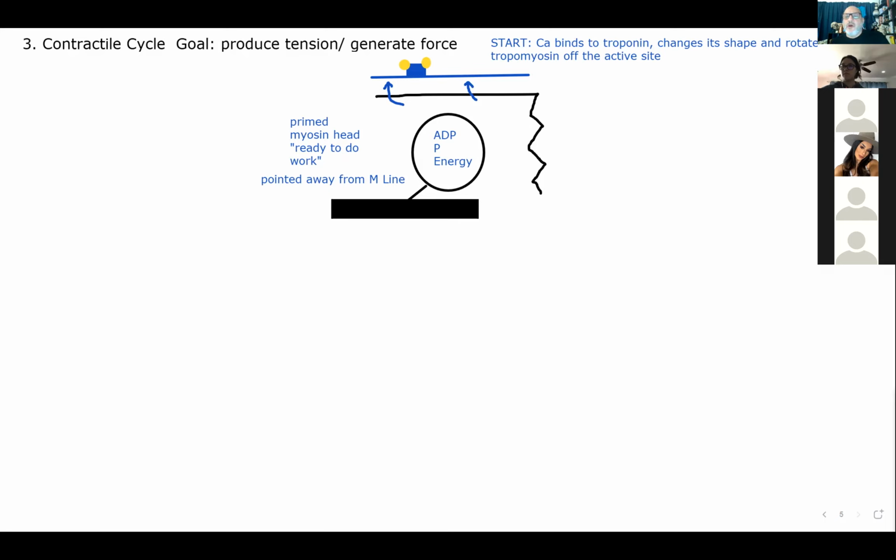Excellent. Once that has been moved out of the way, as we said, that primed myosin head is now going to be able to bind onto the actin. So let's go ahead and draw my actin and my Z disc. And my myosin.